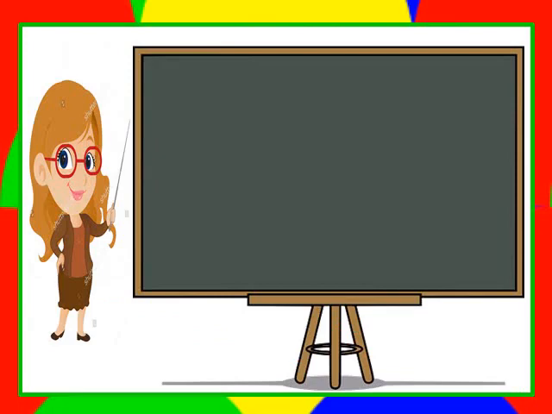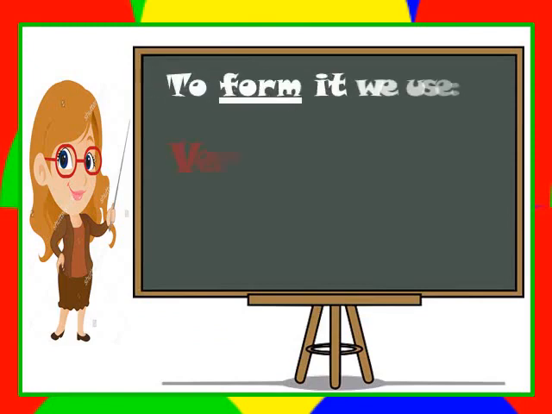I think that you have noticed the form of the present continuous. To form the present continuous, we use verb to be plus verb plus ing. Verb to be, any verb of course, plus ing.